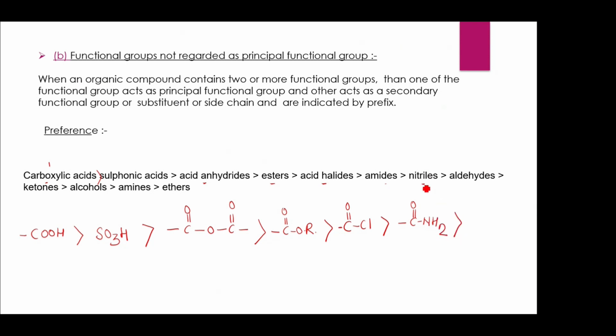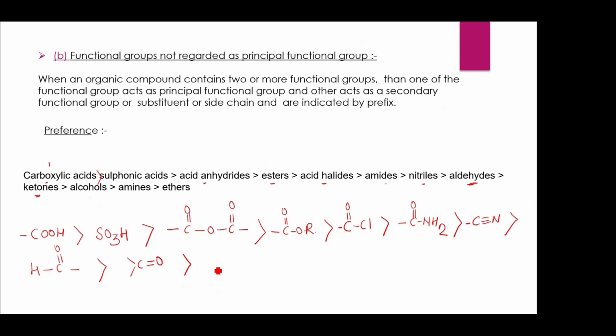The next preference is given to nitrile, C triple bond N. The next preference is given to the aldehydes, that is H, C double bond O. Then the next preference is given to ketone, C double bond O.